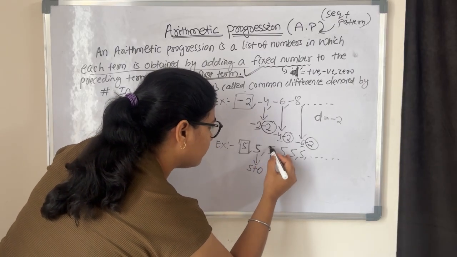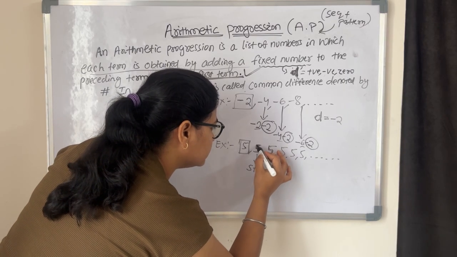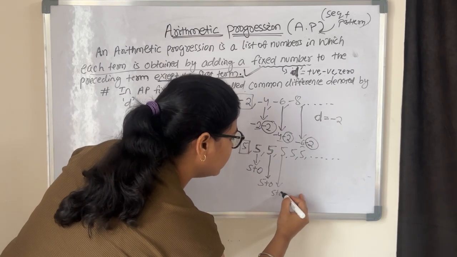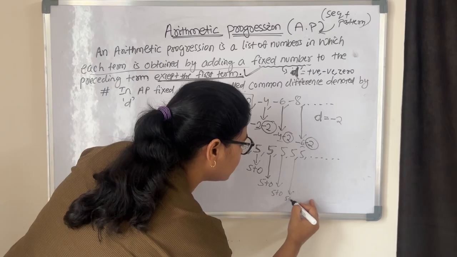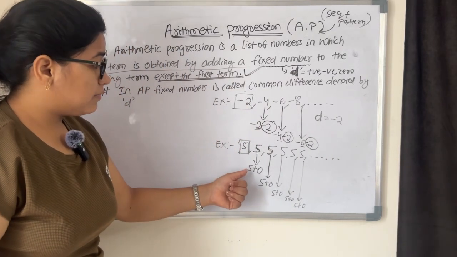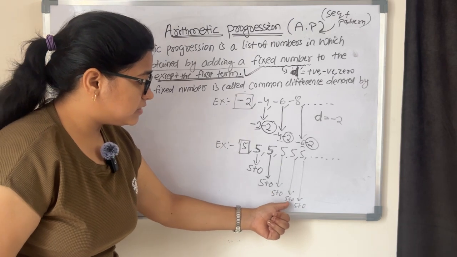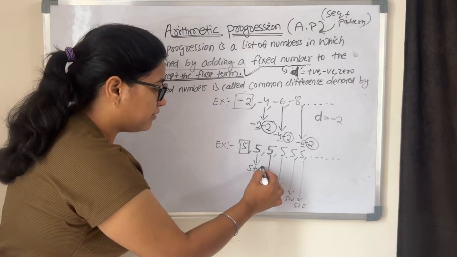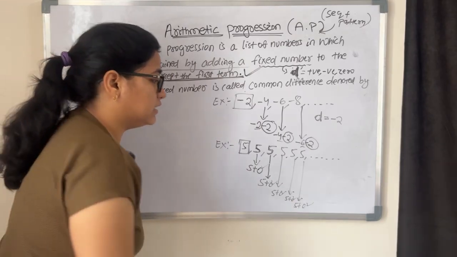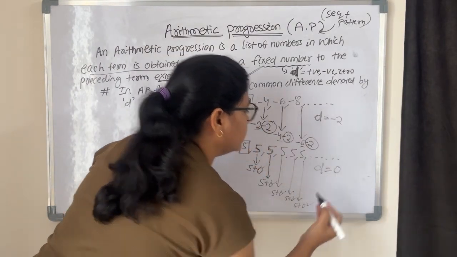Again, for this term, the preceding term is this. 5 plus again 0. 5 plus again 0. So this is the preceding term, and the common difference is 0. And it is the same for all the terms. So D equal to 0 in this case.